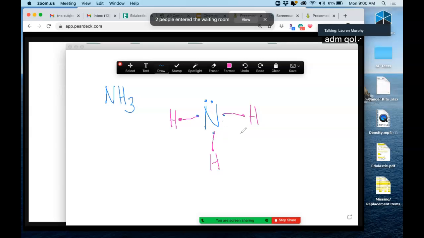Now, I need you to be very careful. In space, it really looks like this. So this is AB3, 3 things bonded to it, and a lone pair of electrons on the central atom.